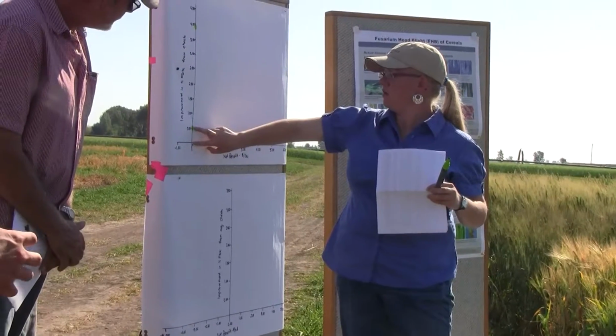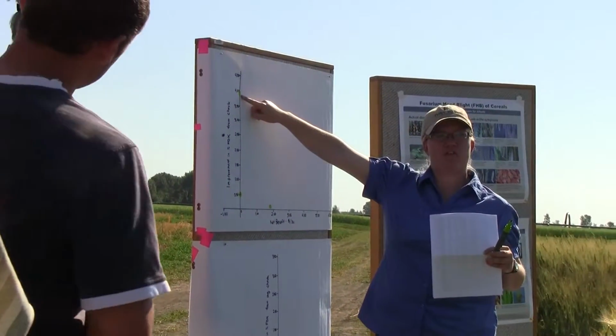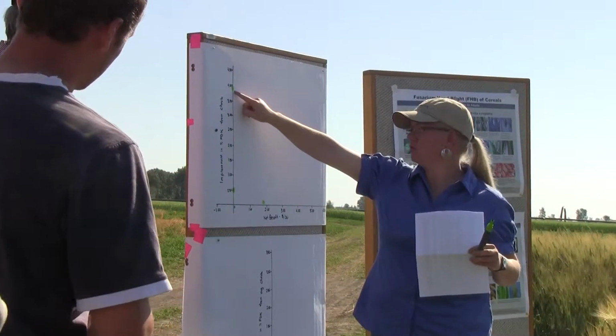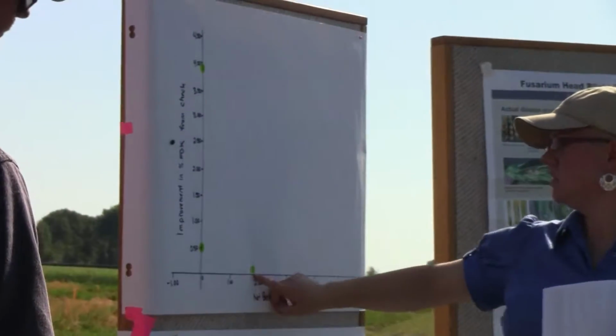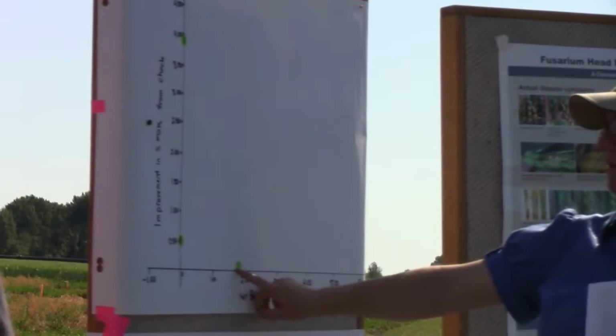This one was 0.5%. This one was just shy of 4%. That's huge. And then this one, there was only a small improvement in Fusarium damaged kernels.